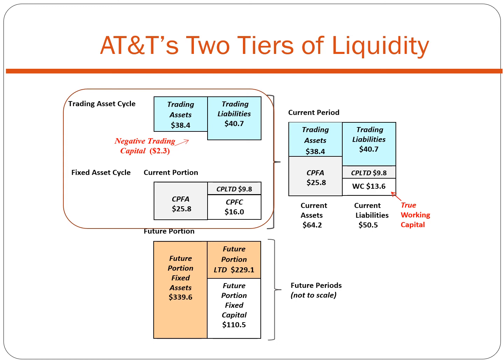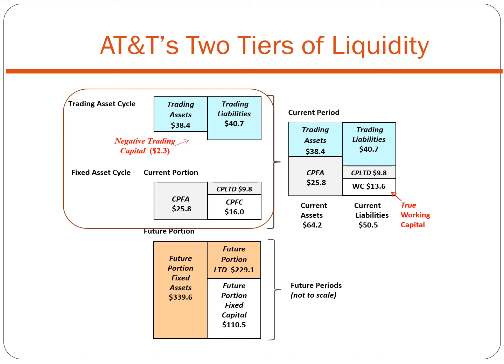AT&T does not have enough trading assets to cover its trading liabilities. Is negative trading capital the new red flag that signals illiquidity? This may come as a surprise. AT&T is liquid because of its fixed assets. That's right, AT&T is heavily invested in fixed assets which contribute directly to revenue without transiting through trading accounts.